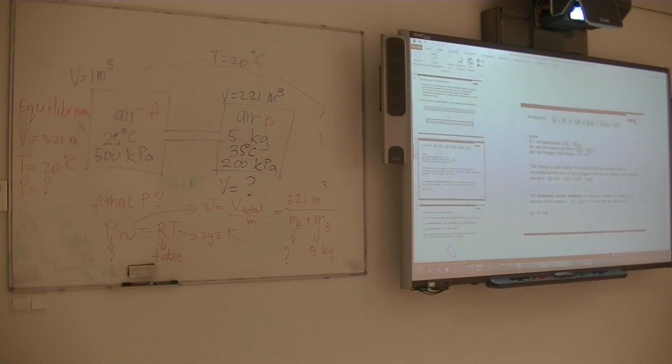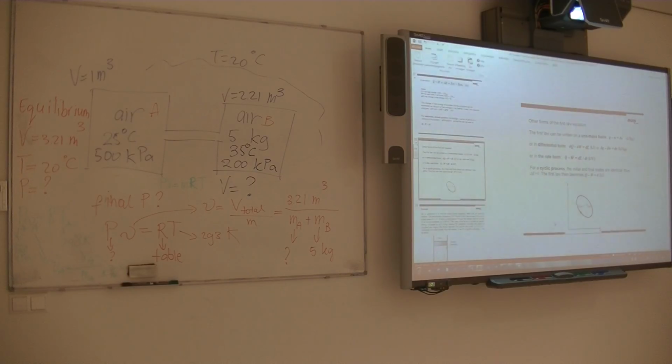And for stationary closed systems where there is no change in the center of gravity or in the velocity of the system, then the change in potential and kinetic energy are zero, and the first law becomes change in internal energy equals heat exchange and work. And that's one we are going to use most often, I think.